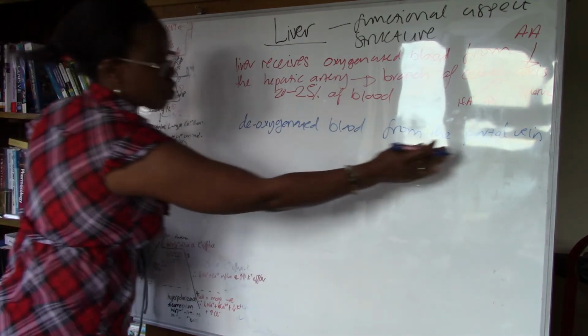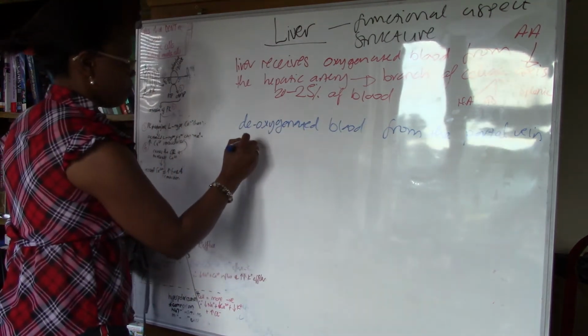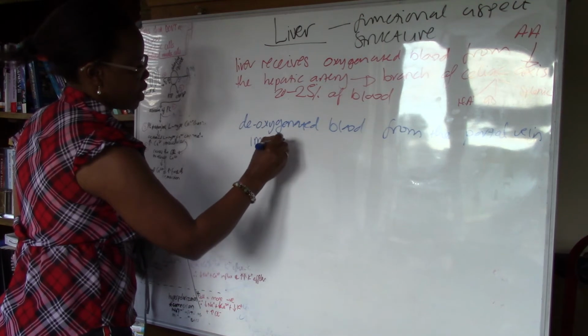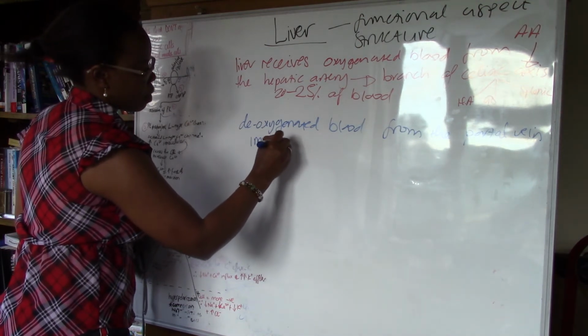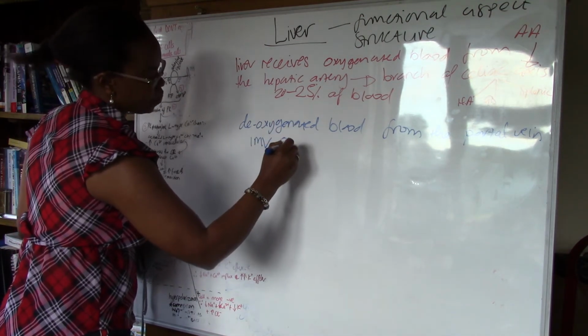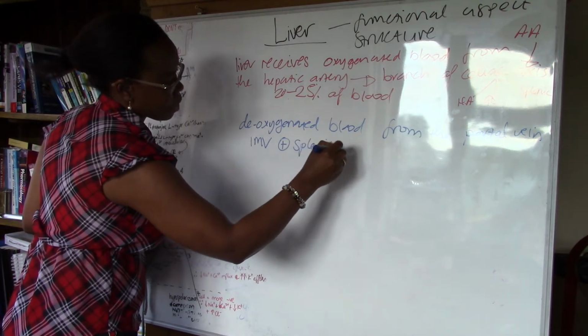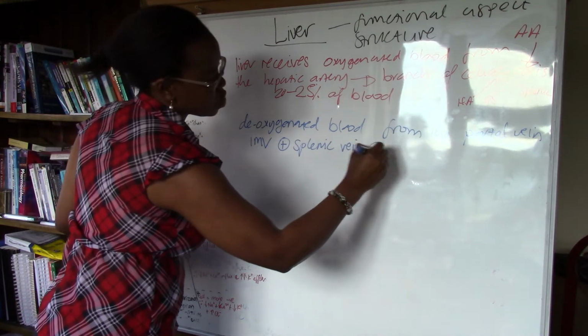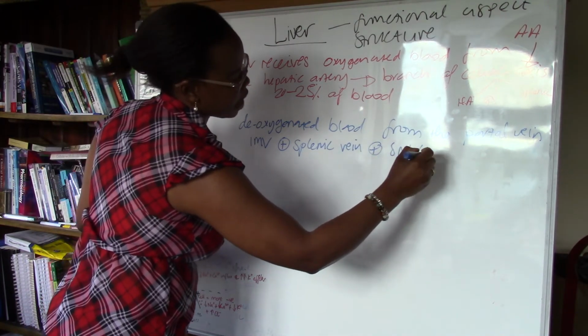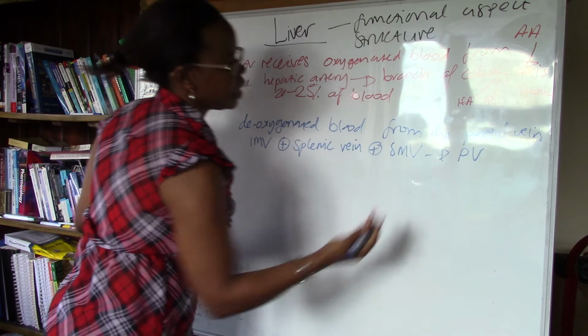And the portal vein arises from the inferior mesenteric vein, which merges with the splenic vein and the superior mesenteric vein to form the portal vein.